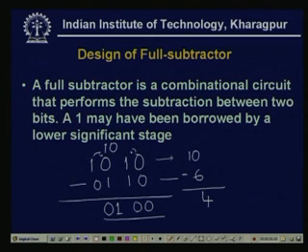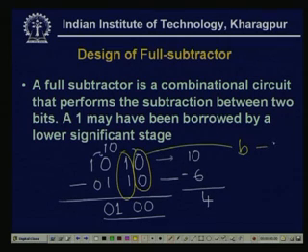So, the borrow bits are 0 for these 2 bits, but for the third one, the borrow is 1. So, this is the concept of the full subtractor, which is similar to our full adder, only carry is replaced by borrow, whatever we call.